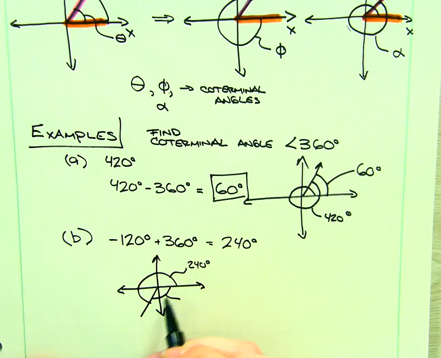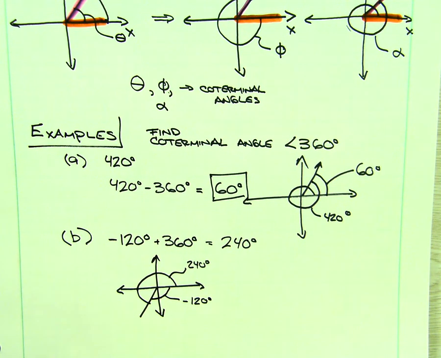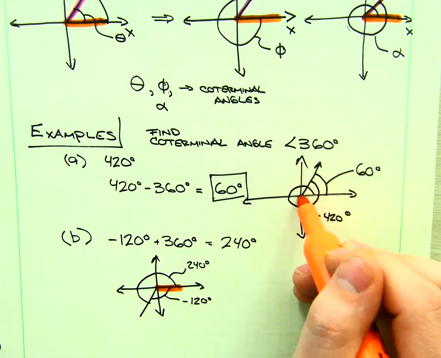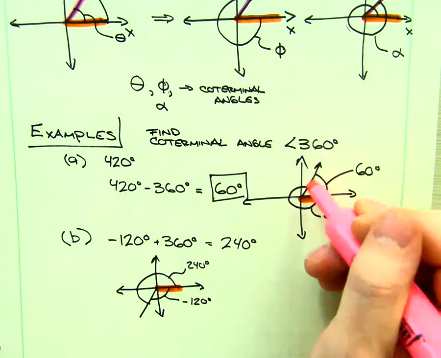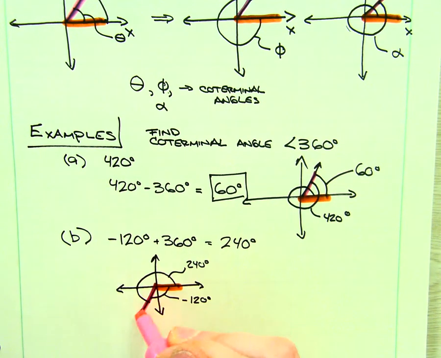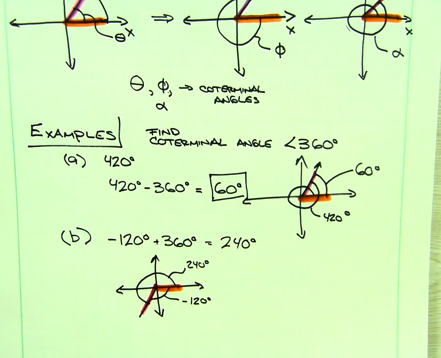Because I'm going in the negative direction, this one is going to be negative 120 degrees. And sure enough, we can see that with both of these instances, we've got the same initial leg right here, and we've got the same terminal side, the same final leg right here. So the orange and the pink are going to be the same for either 240, negative 120, or 60 and 420. So that's how we find coterminal angles using degrees.